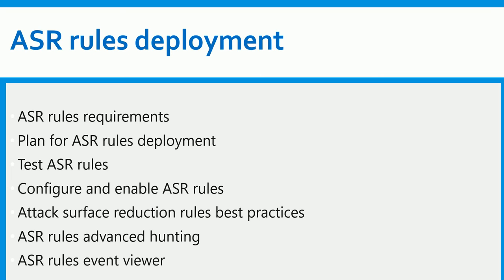So basically this is a high level idea of how you can plan your deployment. First, gather your requirements for what you are planning to do inside the ASR, then test your ASR rule with the audit mode, and later on you can configure your ASR rule, then check what best practices we can follow based on your reporting, and once you implement on production, then you can go with the advanced hunting and the event viewer logs.